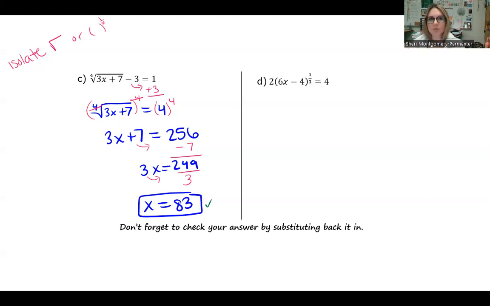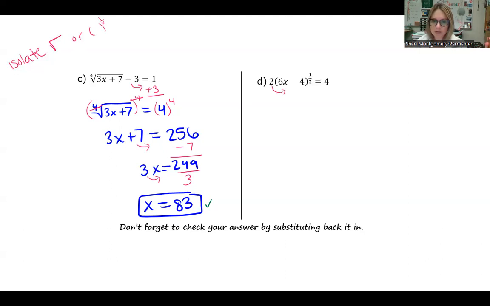My last problem. Do I have the stuff raised to a rational exponent? Do I have it all by itself? Do I have just parentheses, rational exponent all by itself? No, because I have this random 2 over here. I need to get rid of it. I have to get everything else away first.